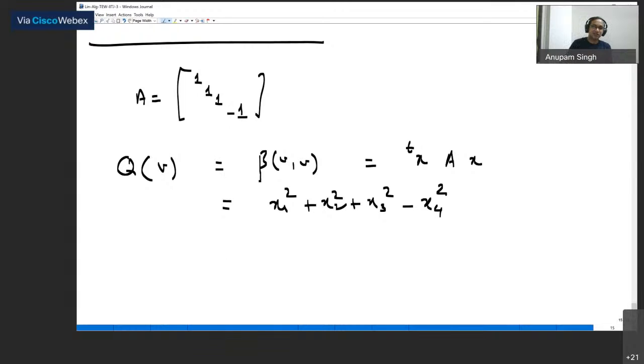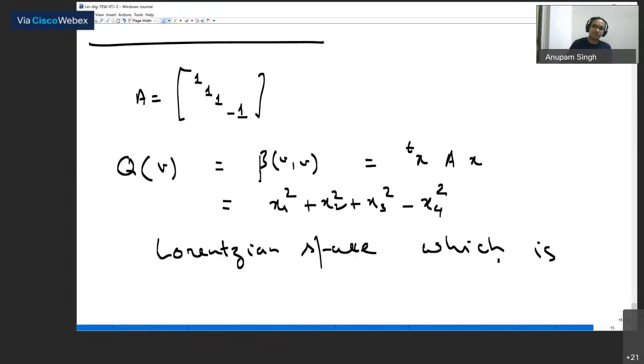And this gives rise to what is called Lorentzian space, which appears in relativity, which is important in physics.